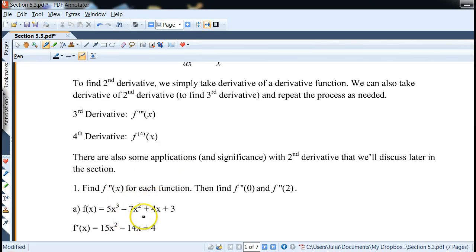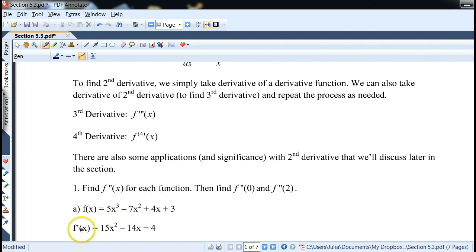For polynomials, it's relatively simple, but we'll also take a look at some more challenging problems that will be on your homework a little bit later. So here's the goal. We want to find f double prime of x, then find f double prime of 0 and f double prime of 2. So how would we do this for this function, 5x cubed minus 7x squared plus 4x plus 3?